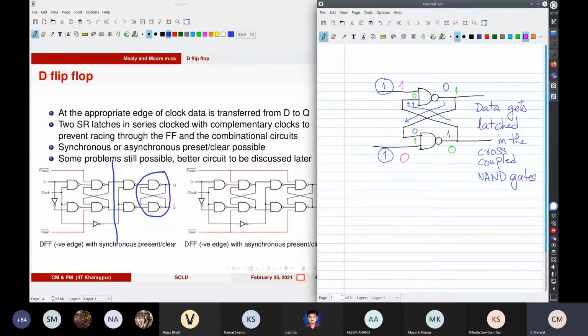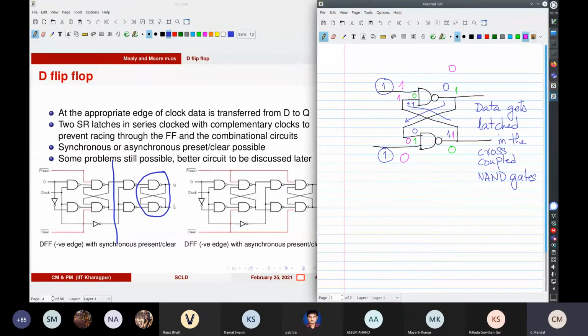It gives the same output. Consider the other situation. If you have a 0 here, then as a result you have a 0 here, and then you have a 1 here, and again a 1 here, and the result is a 0. So this 0 is retained.